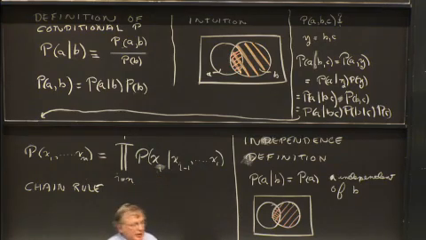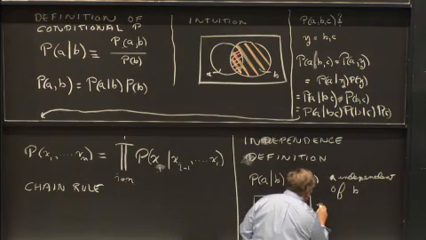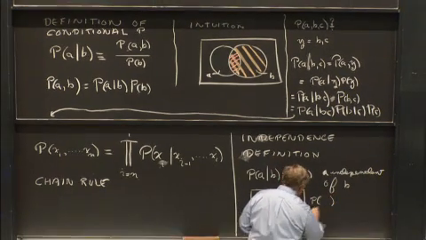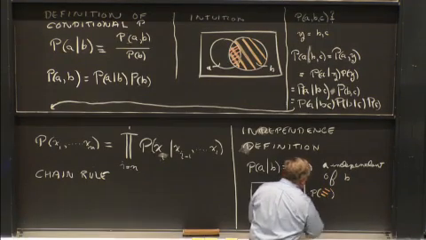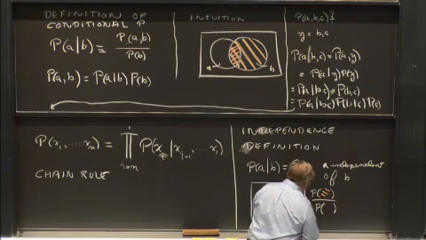So the ratio of those areas is the probability of A given B. And so that's the probability of this way divided by the probability of both ways.